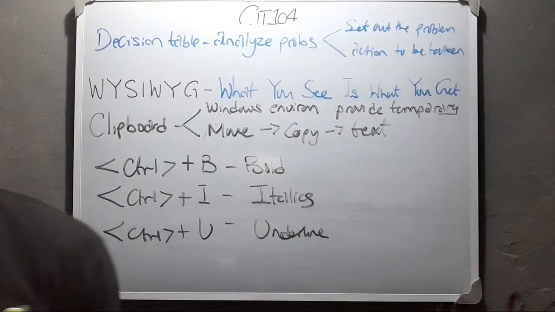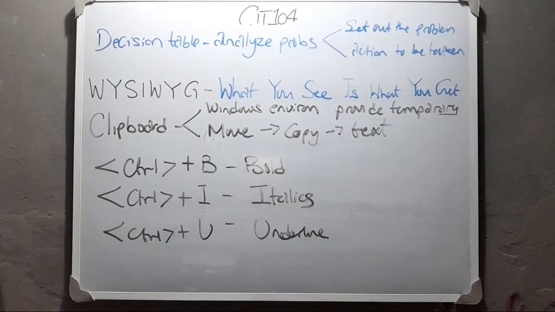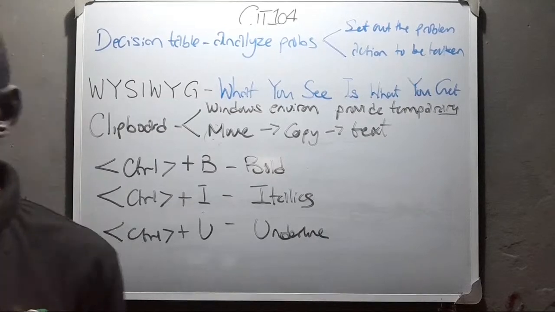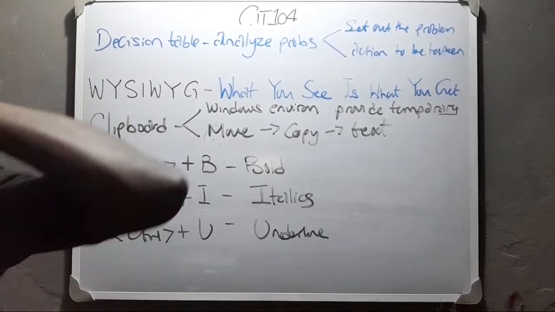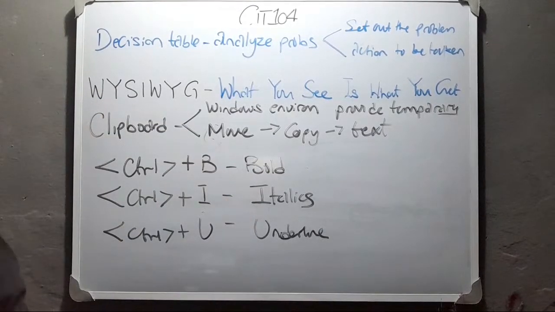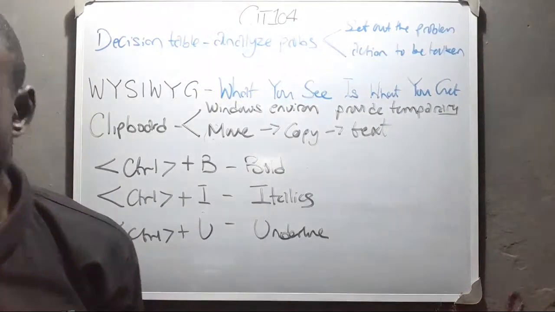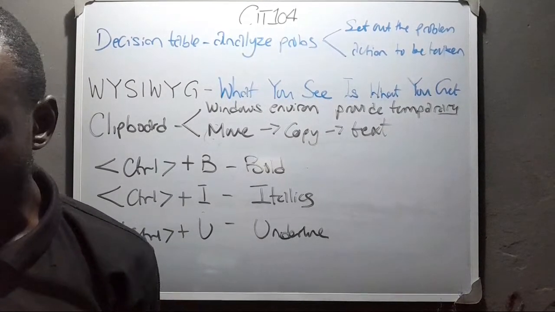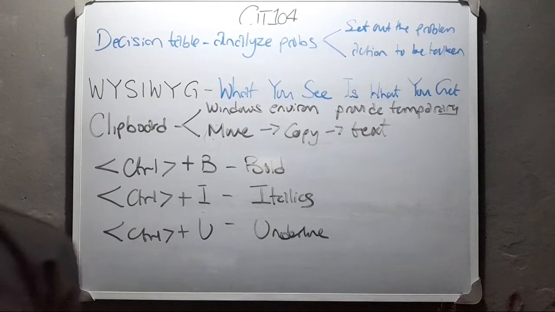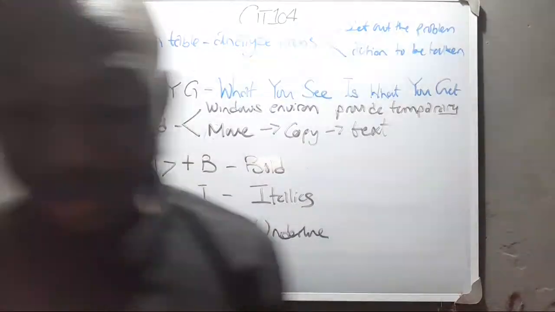A graph is a diagram showing the relation between variable quantities, usually two, each measured along one of a pair of axes at right angles. A graph is a pictorial representation of a series of values. So we have that as that.